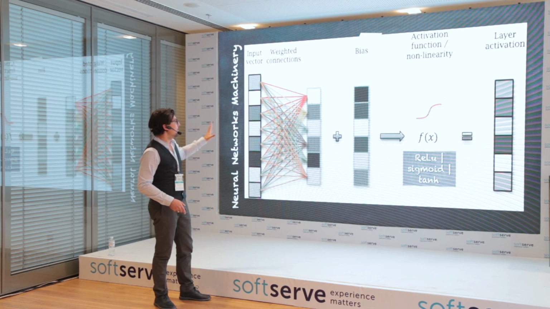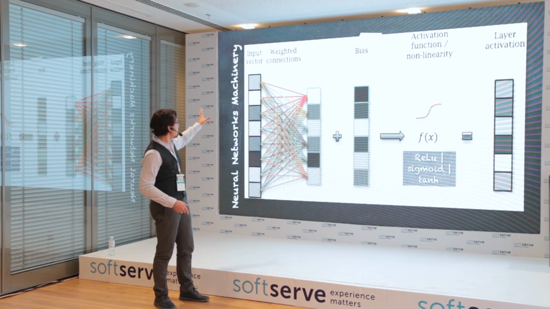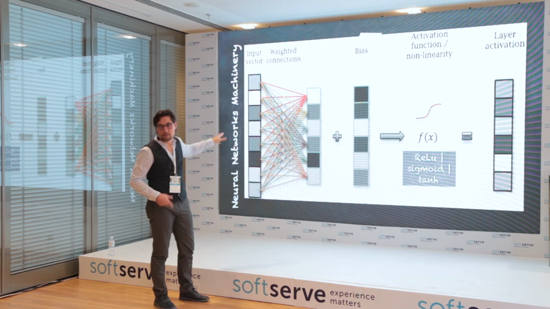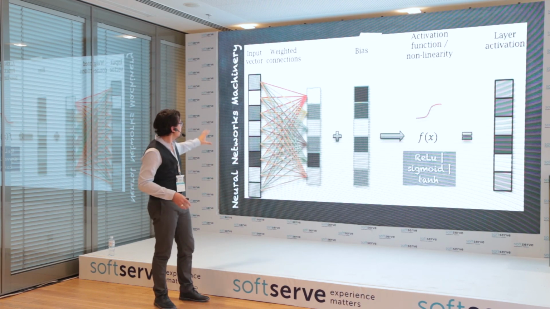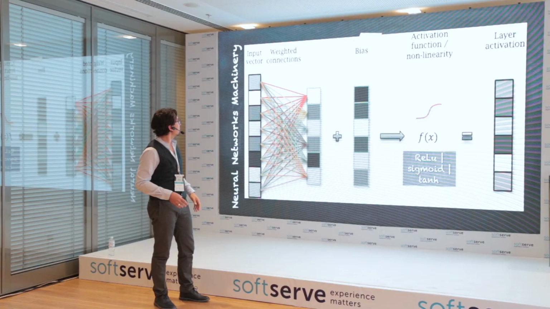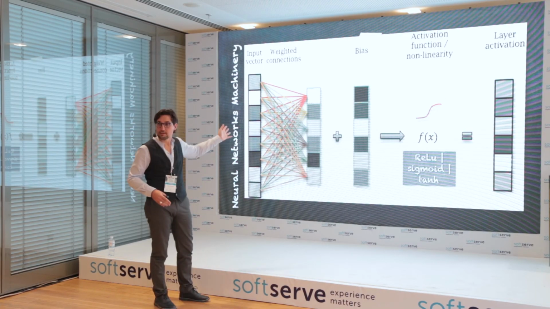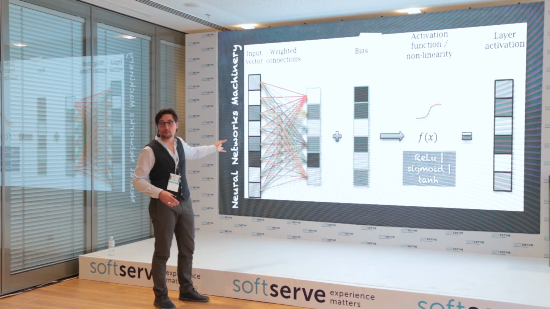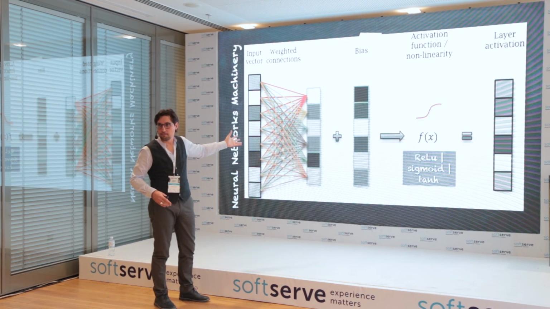In one single layer, you have the multiplication of the input. You call them neurons, because it's neuron stuff. You connect every single neuron to elements in the next layer. You call these weighted connections, and then you have the bias at the end. This is a linear transformation, quite simple linear algebra.